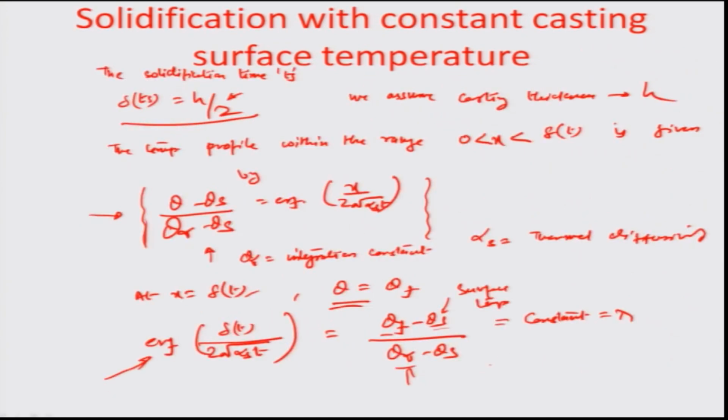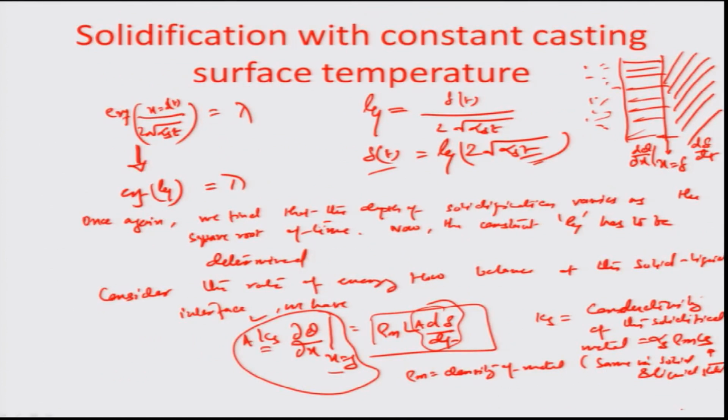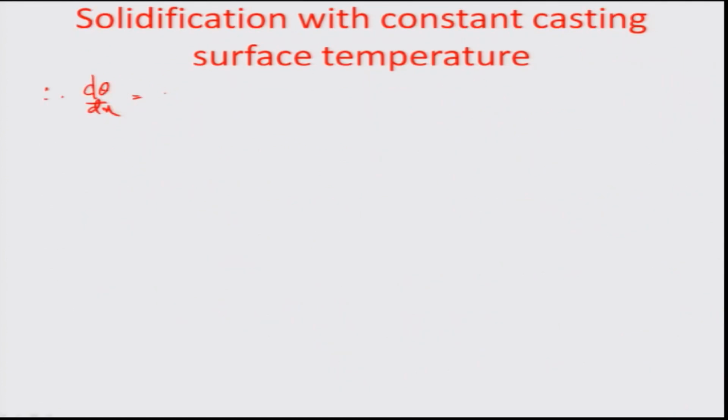So here we had theta equal to theta s plus theta infinity minus theta s times the error function of x by twice root of alpha s t. So from here we can calculate del theta by del x as theta infinity minus theta s times d by dx of the error function of x by twice root alpha s t. Let me just write this down again, borrowing it from the earlier equation.